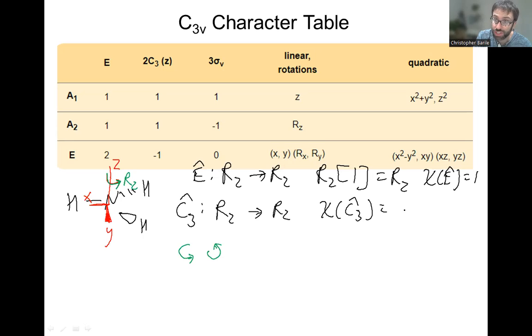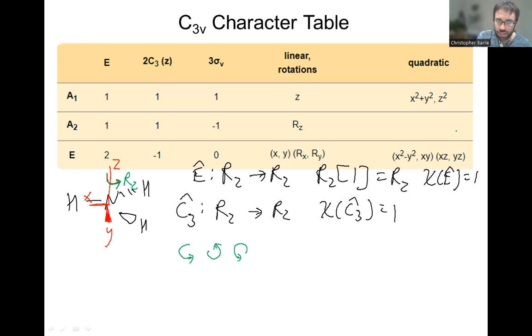We could also do this for C3-2. You can imagine if you did C3-2, that's the 240-degree rotation, the other operation in the C3 class. That's just going to rotate this vector even more. So it would look maybe something like that, but it's still the same thing. It's still RZ. It's a clockwise rotation.